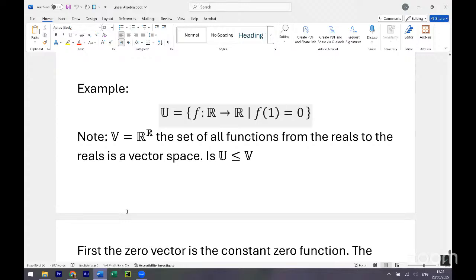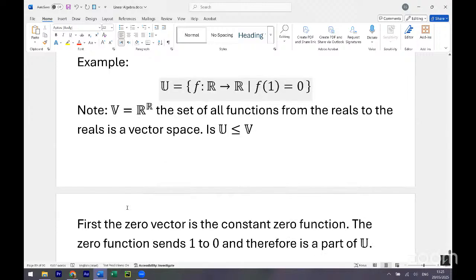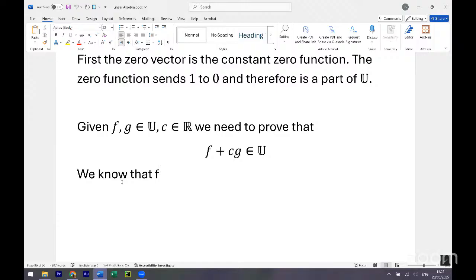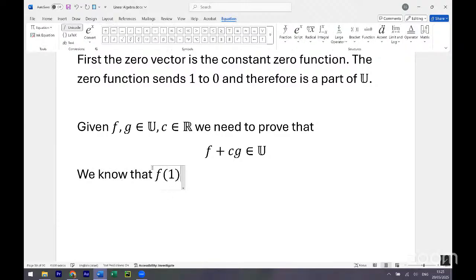That they're functions whose value at 1 equals 0. We send 1 to 0. Yeah, we know that F of 1 equals G of 1, and they're both equal to 0.